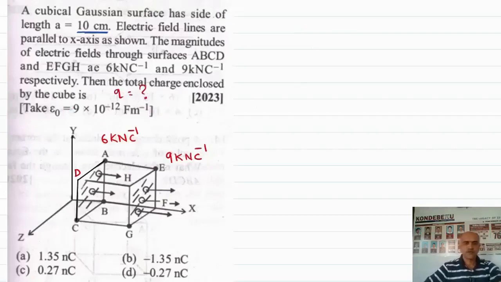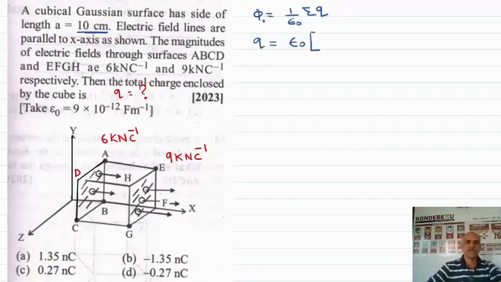Now from Gauss theorem, phi is equal to 1 by epsilon naught summation Q. So the total charge enclosed Q will be equal to epsilon naught times flux.